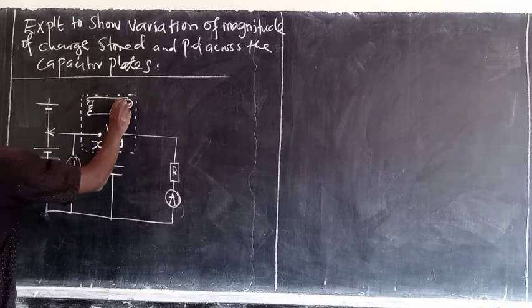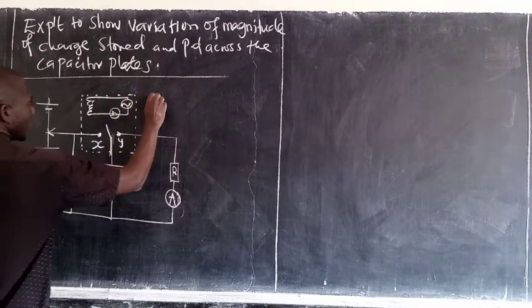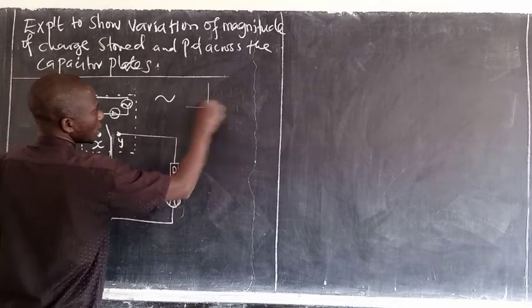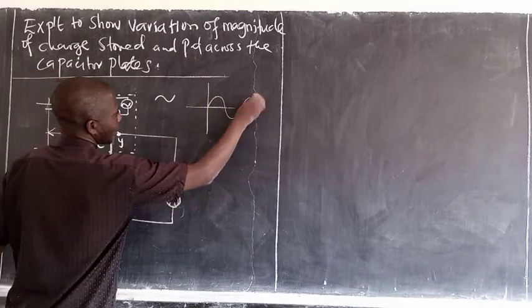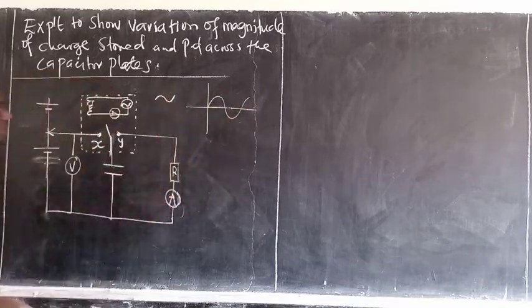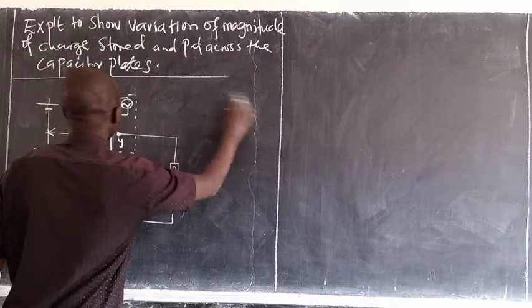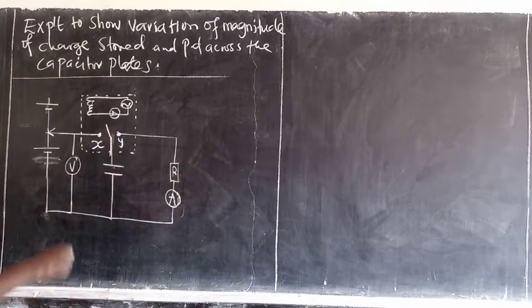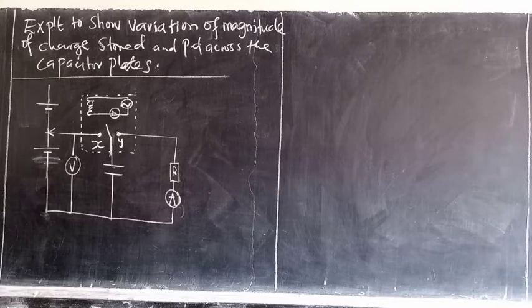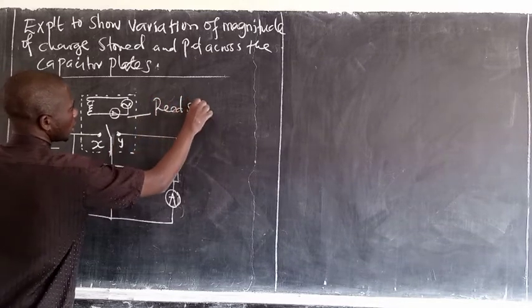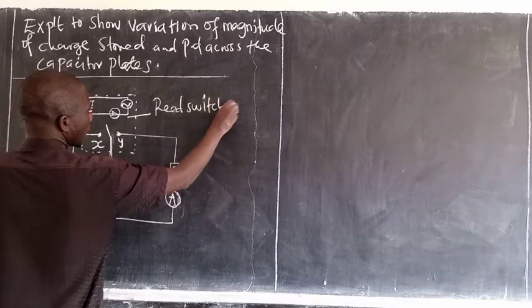There is this kind of symbol, written like this. When you look at a sine function, a sine function is like that. So this one is representing that kind of sine function, and it means alternating current. Okay, so this is what we are calling the reed switch circuit.